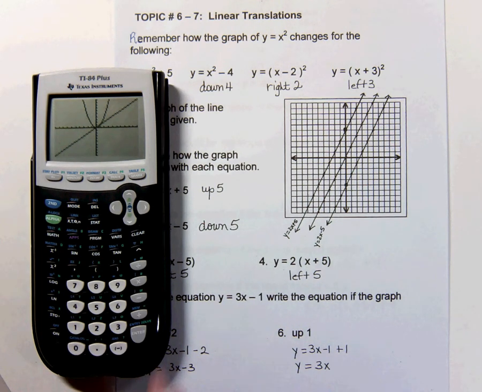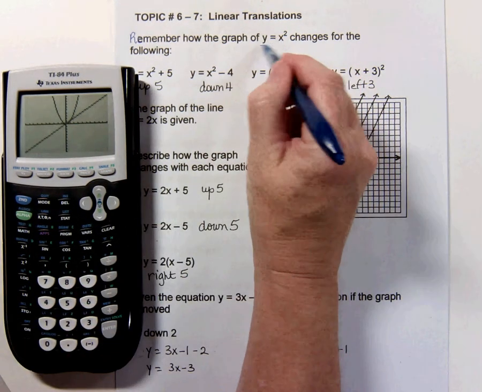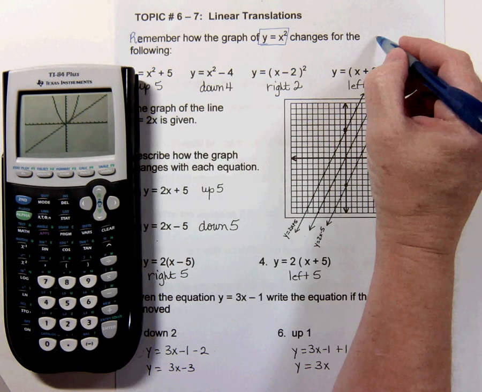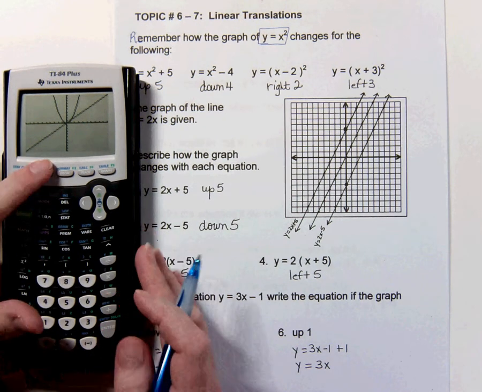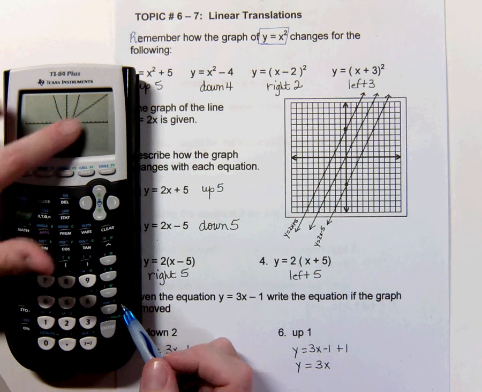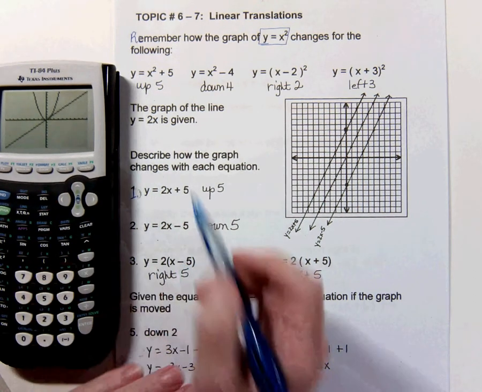Okay, let's remember back in section 6-6 that moving from the parent function y equals x squared, well, instead of drawing it, I'll just let you look at it on my graphing calculator up here. This is y equals x squared, and this is y equals x. So if you recall, let's just do these examples.